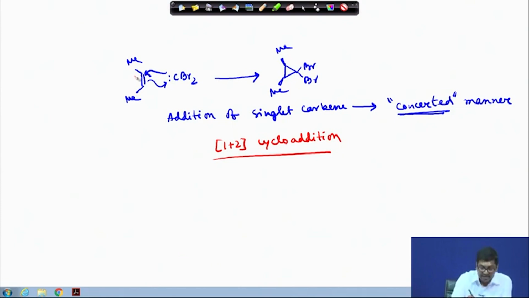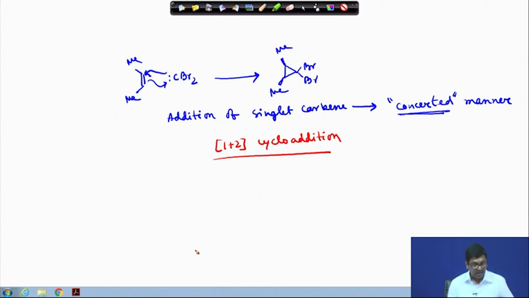That means, if we take the Z olefin here, we get the cis product. If we take the E olefin, there we get the trans product, right. So, the geometry of the alkene is preserved in the product, that is the cyclopropane stereochemistry. That is why these reactions are concerted.